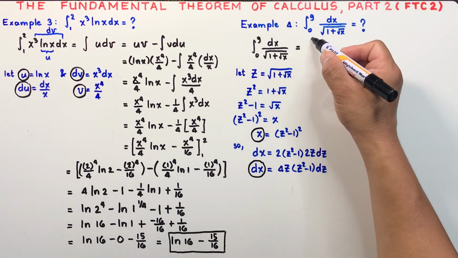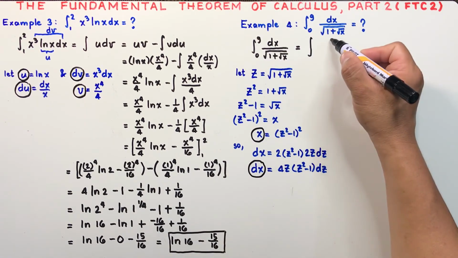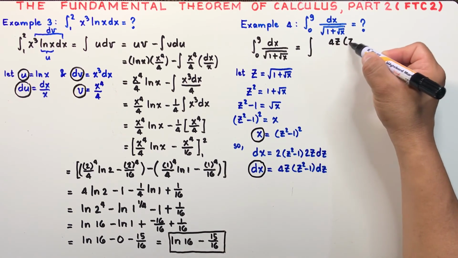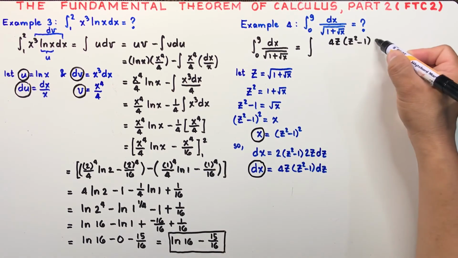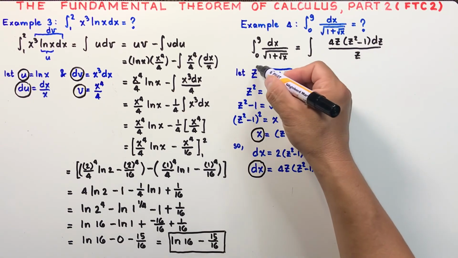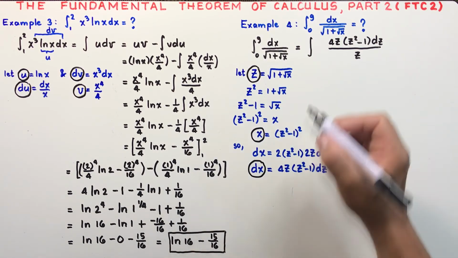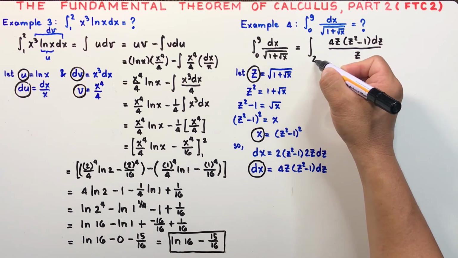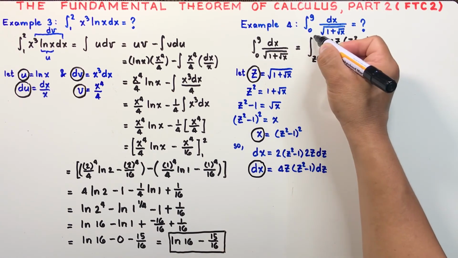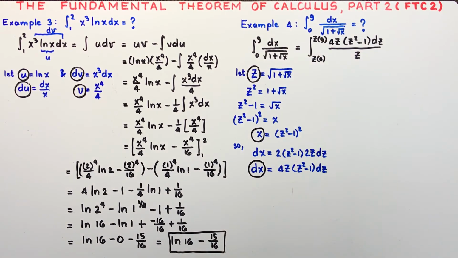So substituting this dx into our integrand, instead of writing dx, we will write 4z times z squared minus 1 dz. And this denominator is now our z. And remember, our limits of integration must be transformed to z: z of 0 to z of 9, because our variable now is not x anymore, but our integrand is in terms of z.